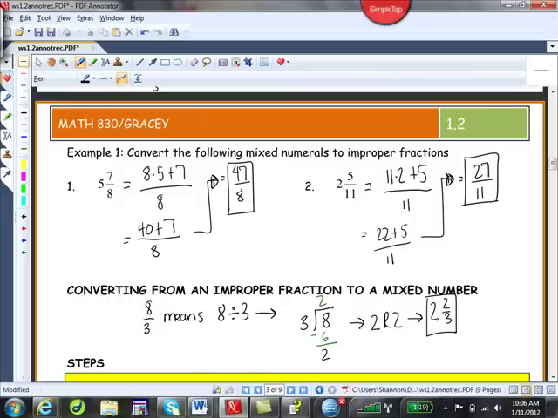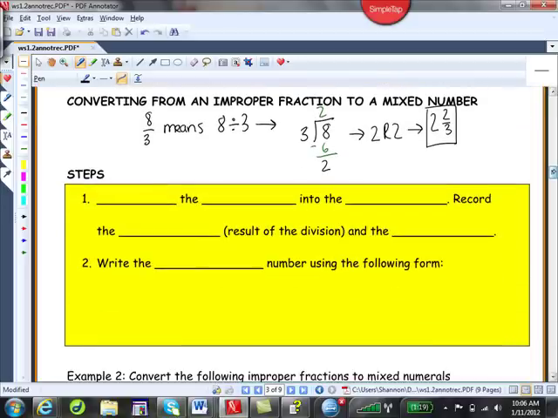All right? So let's go ahead and put the steps down. So here, divide the denominator into the numerator. Record the quotient, which is the result of the division, and the remainder.